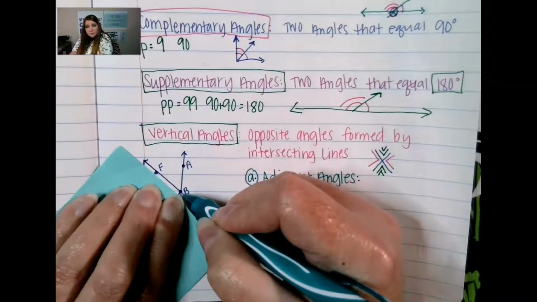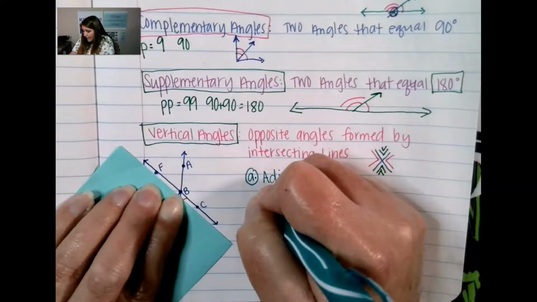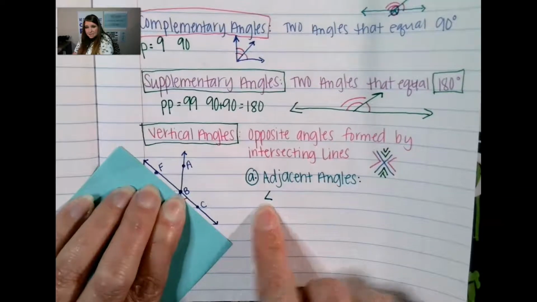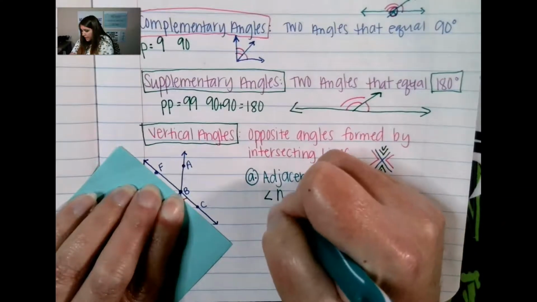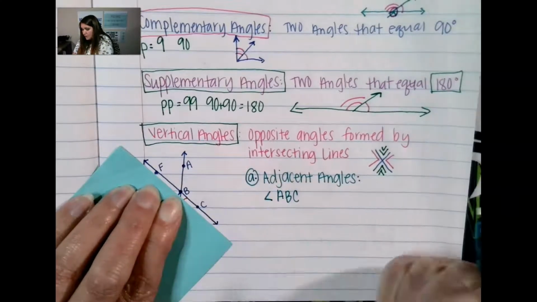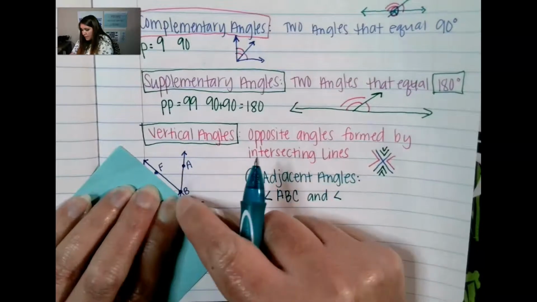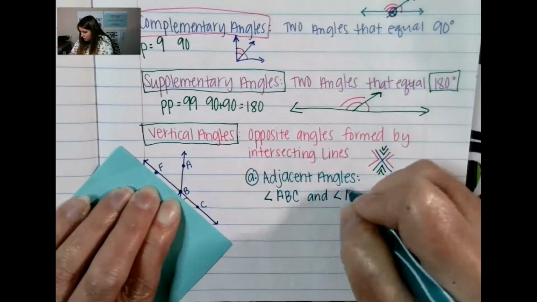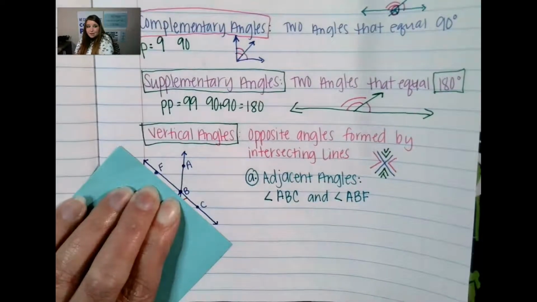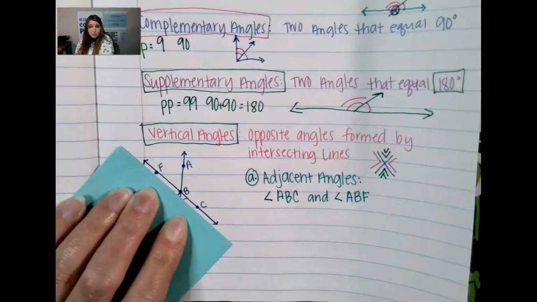The B goes in the middle because that's where the vertex is. So we write angle, that's how you write the word angle, just like this. Angle ABC, and angle ABF. I could have written it as angle FBA if I wanted. It could have been my choice.